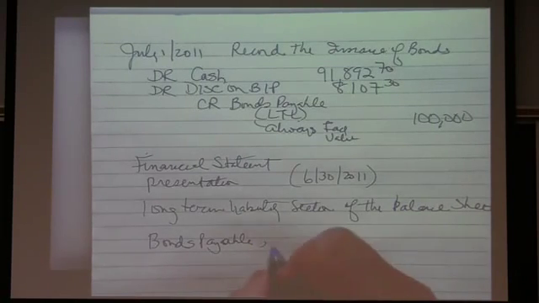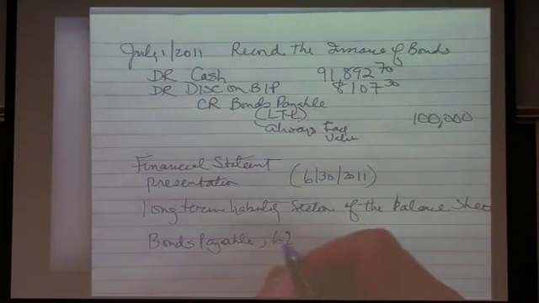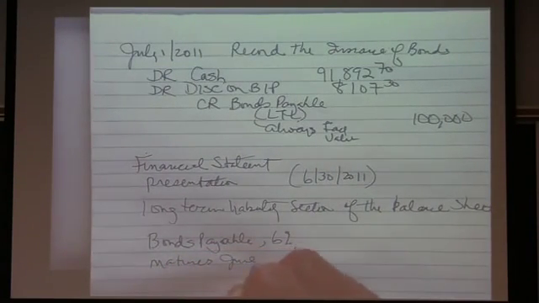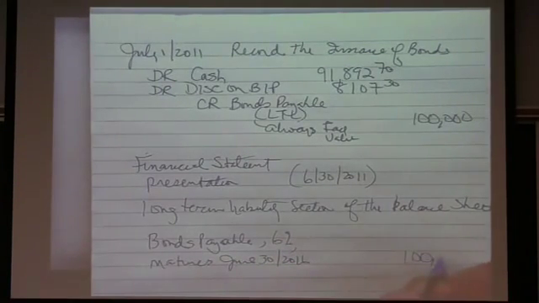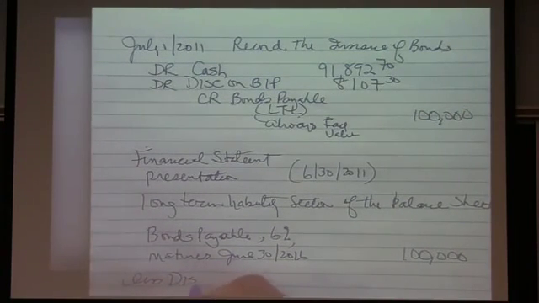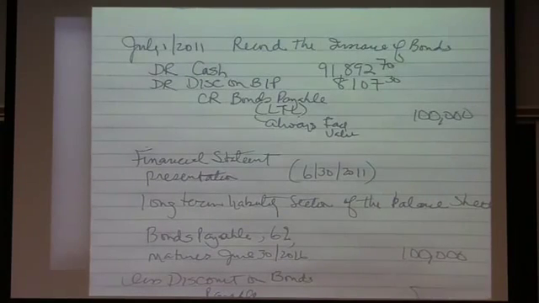Normally you put down the word 6%, which is the stated rate, comma, matures June 30th, 2016 for the face value, less discounts on bonds payable, 8107.30.